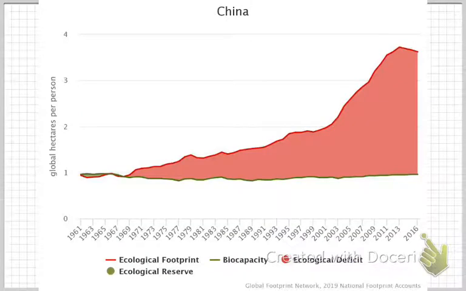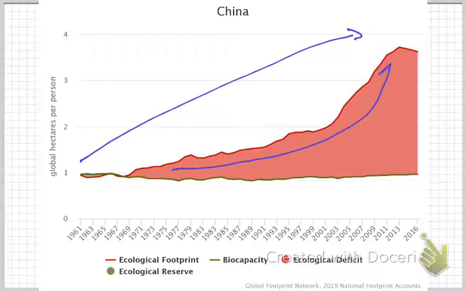Now, another aspect of this is to look at a particular country and this combination of population growth and ecological footprint. One of the things you can see with population growth in here is China has been increasing in population during this time period. But one of the things that's increased even faster than population growth is the ecological footprint per person.